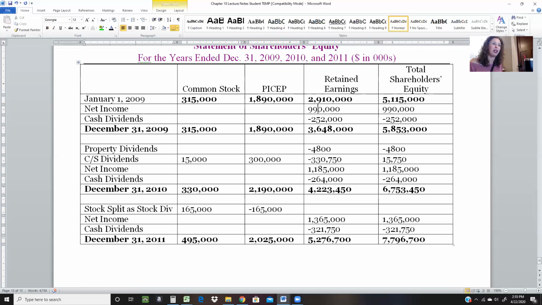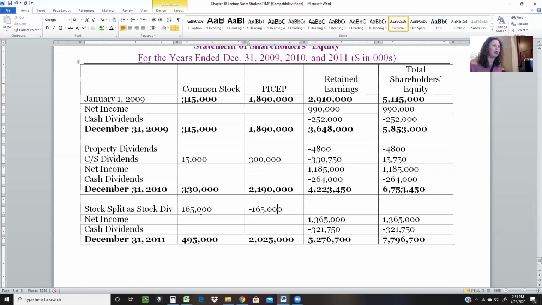When we have net income, it goes in retained earnings, and then dividends reduce it. Here, we gave out some stock dividends, so this is the par value and the excess. It looks like we also gave a property dividend. And so these two combined, why isn't this equal? Oh, we must have given some cash dividends in there too. Up for net income, down for cash dividends. I'm not really sure what's going on there. I'll have to look a little closer.